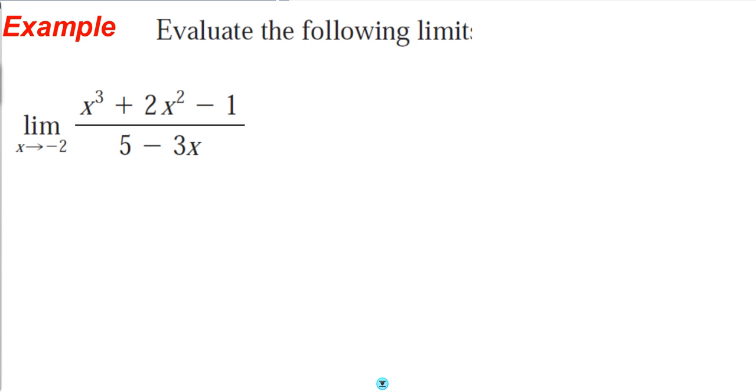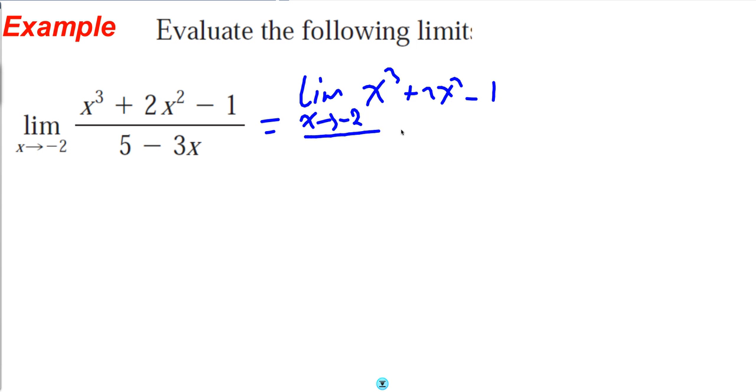Okay, some examples. We want to evaluate this limit here. This will be the same as the limit as x approaches negative 2 of the numerator, x cubed plus 2x squared minus 1, divided by the limit as x approaches negative 2 of 5 minus 3x. We can see that as x approaches negative 2, the limit of the denominator exists and is not equal to 0, so we can use the quotient rule.